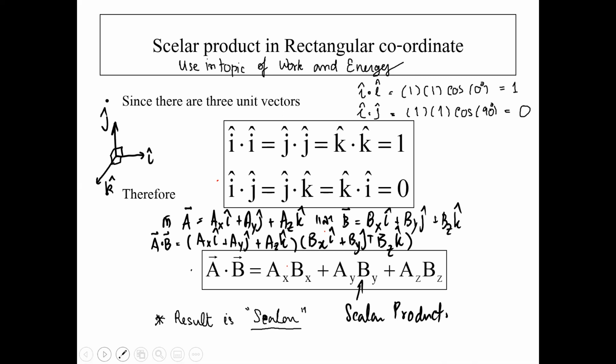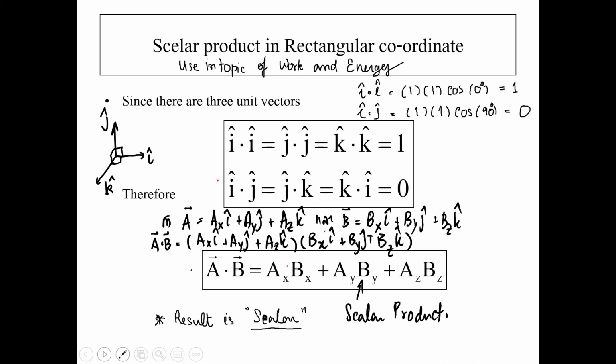So what you have left for the scalar product is that if you have a vector A represented in rectangular form as AX i plus AY j plus AZ k, and B as BX i plus BY j plus BZ k, and you're making a scalar product between the two vectors, what you get is AX times BX plus AY times BY plus AZ times BZ.